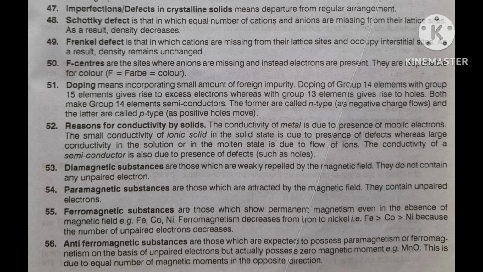And similarly, the latter, what we have done with group 13, is P-type. P means positive holes are created. Positive holes will move. Now you can see which was a non-conductor, now became a conductor.